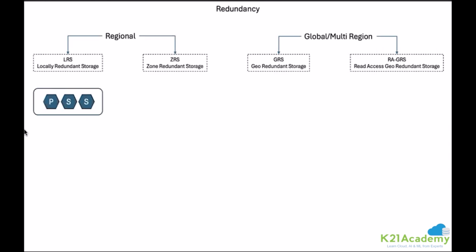In the Portal, you will not be able to see this illustration. It is just for understanding. If you read the Microsoft documentation, it shows how they take care of that redundancy.